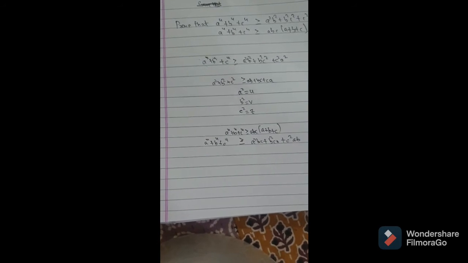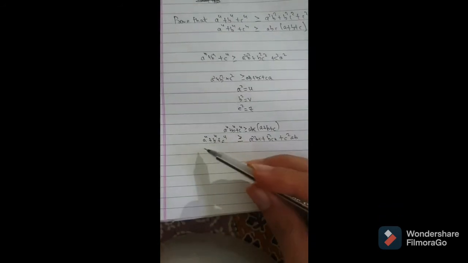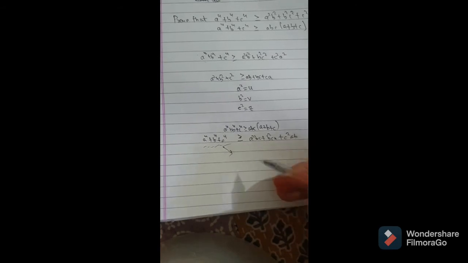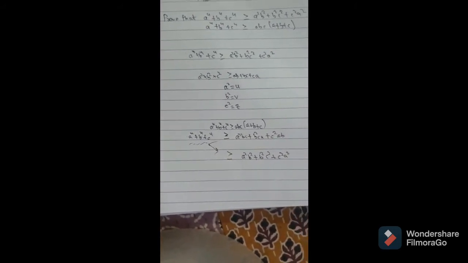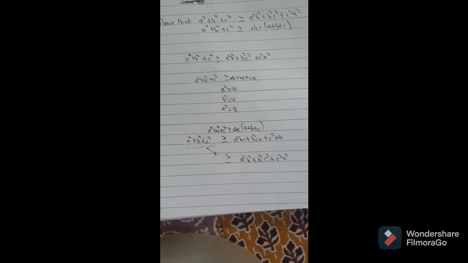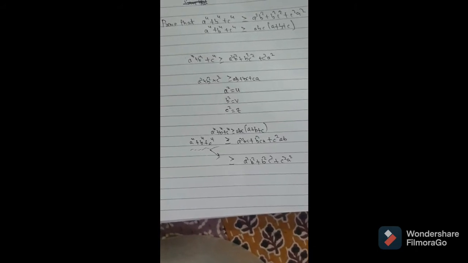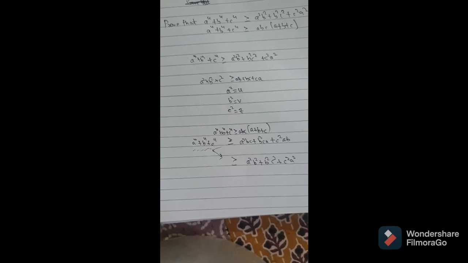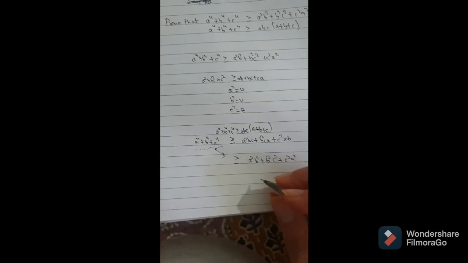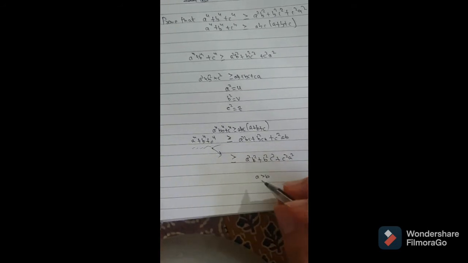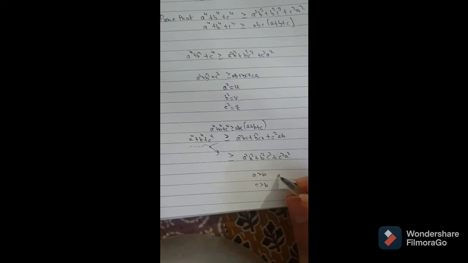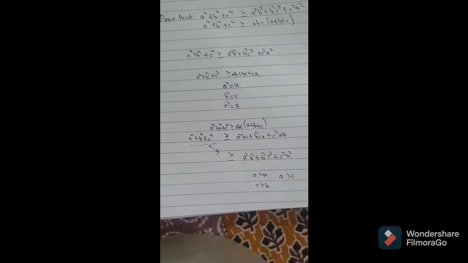So what we can do now? We have proved that this expression is greater than or equal to a square b square plus b square c square plus c square a square. This we know. So guys, I am telling you a very important rule in proving inequalities: if we want to prove a is greater than b, we can show that c is greater than b where a is greater than c, then our inequality is proved.